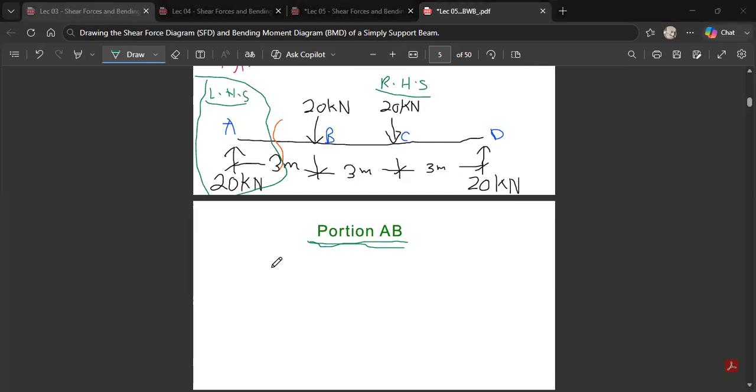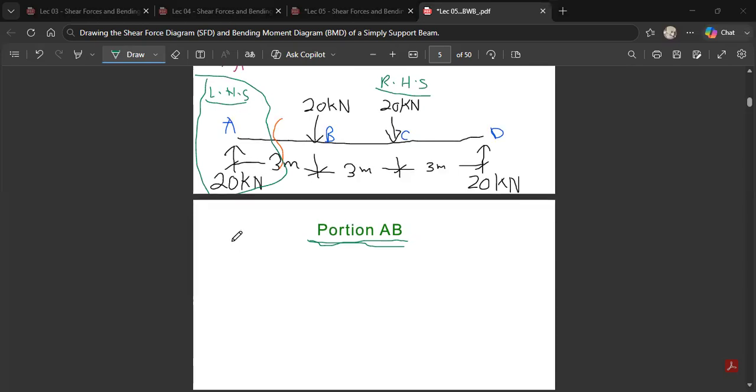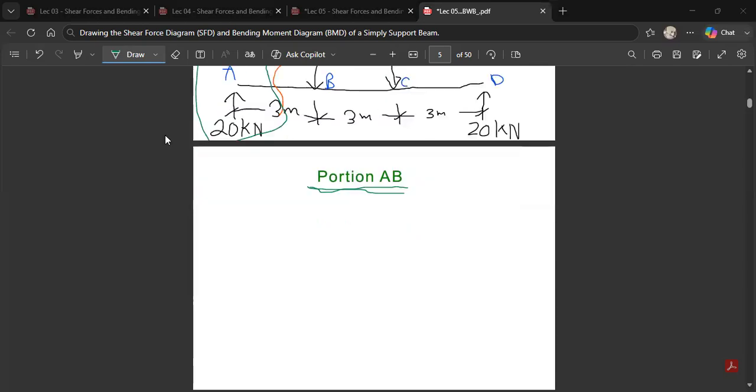So I'm going to draw it. But before that, we say we are considering the left hand side. So I'm going to put the rule over there. Okay. So let me put the rule over there.